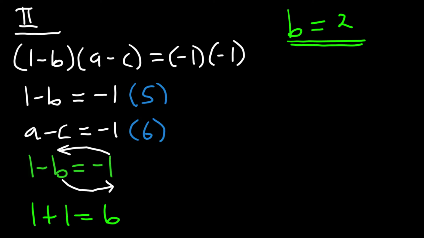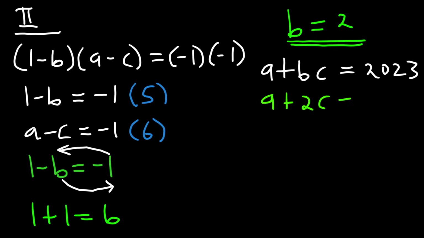Now from our system of equations, equation 2 was a plus bc equaling to 2023, and we have found b to be equal to 2, so this will be a plus 2c equaling to 2023. And let's call this equation 7. And at this point we can solve equation 7 and 6 because both equations have a and c.